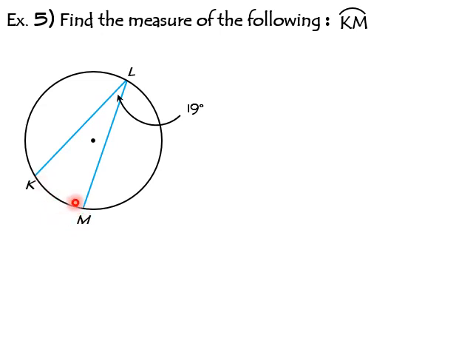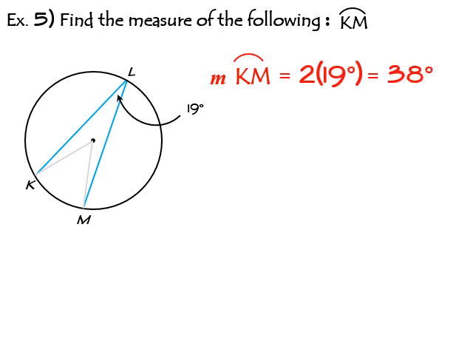This time we have it in reverse, so the intercepted arc is going to be double the inscribed angle. So we say arc KM is 2 times 19, which is 38 degrees.